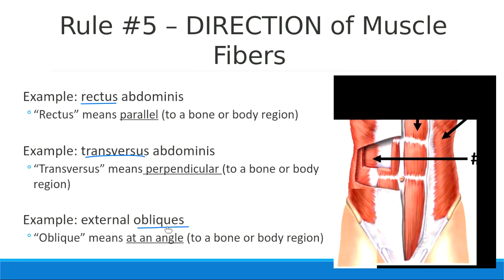And there's 2 layers of those, but both of these oblique muscles always go at an angle. So I can see them on the outside, the external obliques. And then we didn't label it in your picture, but there's also an internal obliques as well that actually travels the opposite direction of the external obliques. But both of those have to do with an angle.